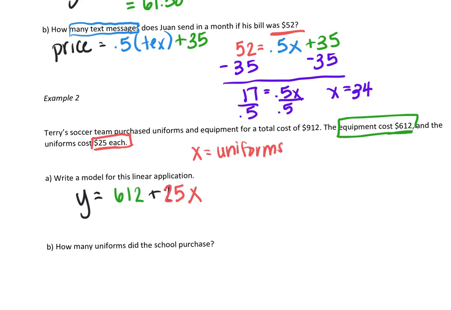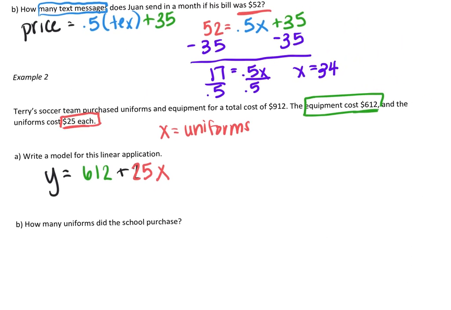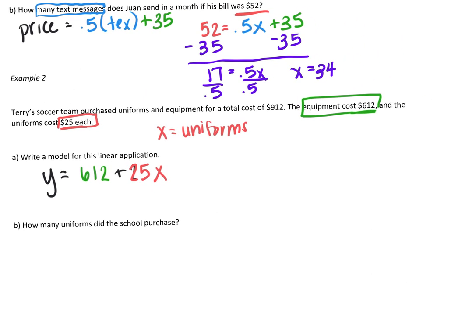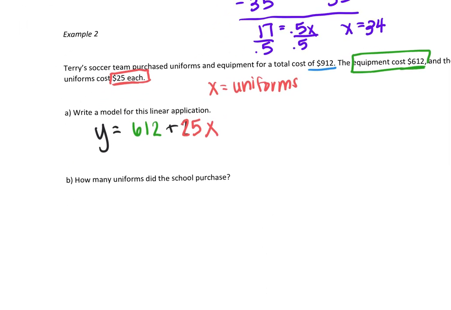Now, they want to know how many uniforms the school purchased. Well, the school had to pay a total of $912. So we know that the y value is how much they paid. So again, 912 is equal to 612 plus 25x. And remember, I'm looking for the number of uniforms this time.